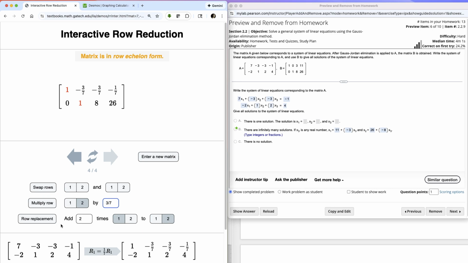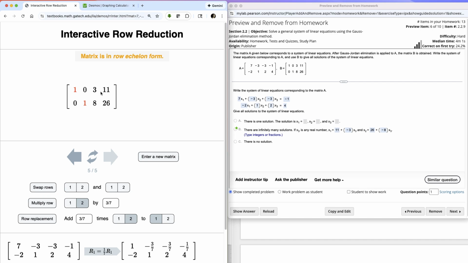Oops, sorry, wrong one. So add 3/7 times row 2, and then add it to row 1. You're adding up. There we go. So now this was x1, x2, and x3.